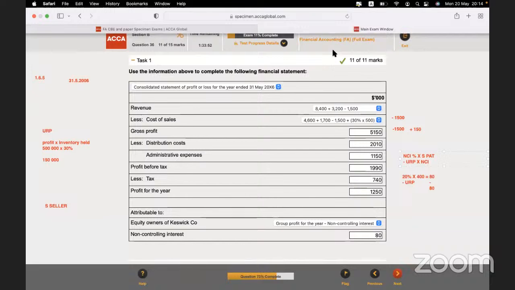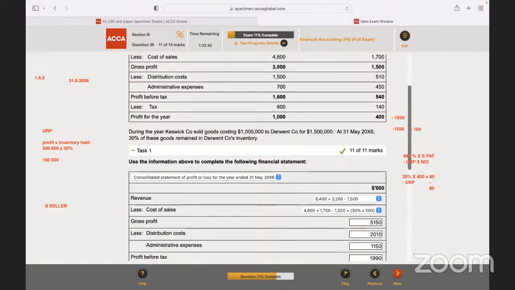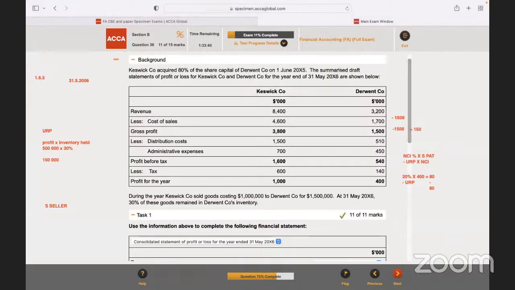Out of these two, take the subsidiary Derwent's profit, and 20% will go to NCI. How 20%? 80% is what they bought, so 20% is remaining. 20% of 400 is 80.